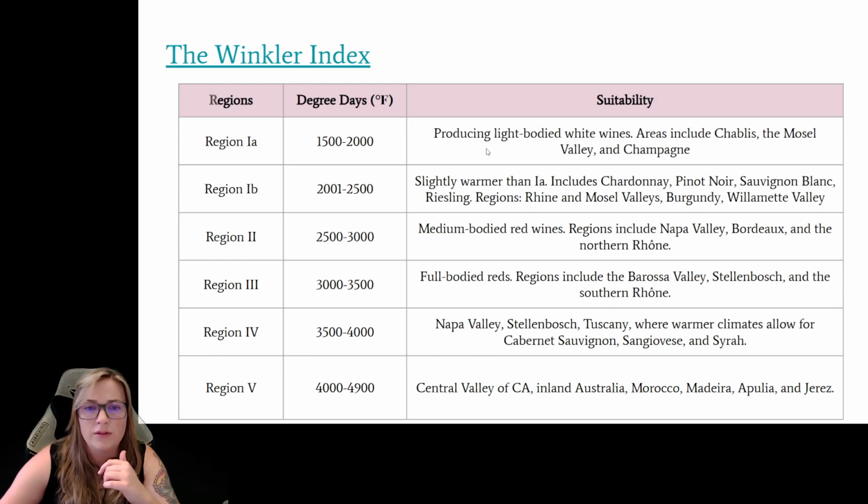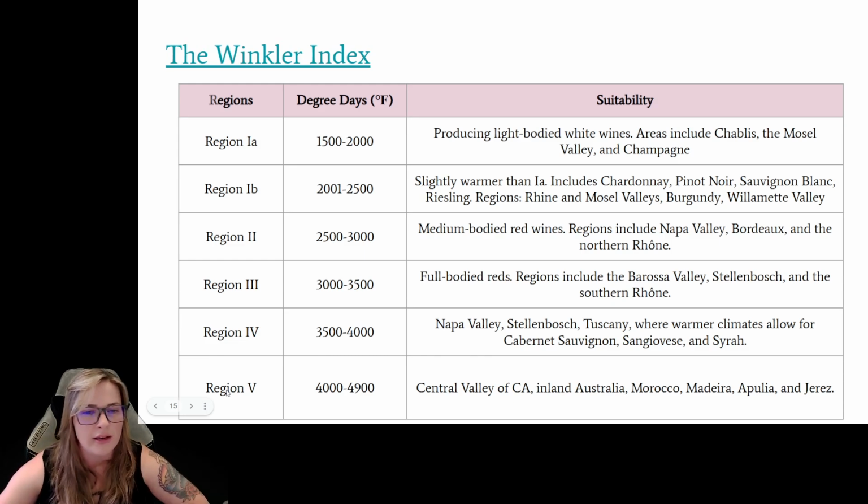This includes light-bodied white wines and areas like Chablis, the Moselle Valley, and Champagne. Region 1B is slightly warmer. It includes Chardonnay, Pinot Noir, Sauvignon Blanc, Riesling. This includes the Rhine and Moselle Valleys, Burgundy, Willamette Valley, and then we have more, of course, but you want to skip ahead to region 5, right?